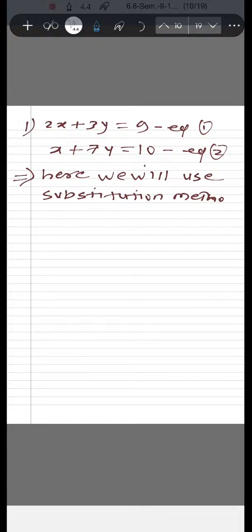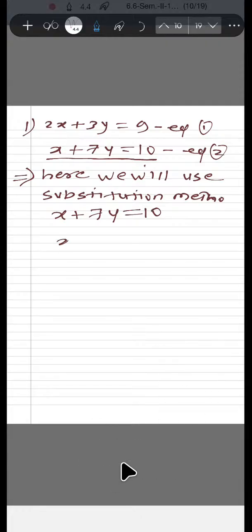What is the substitution method? It means we have to write any one of the two equations in the simplest form, in terms of one variable. Here it is very simple to convert x plus 7y is equal to 10.